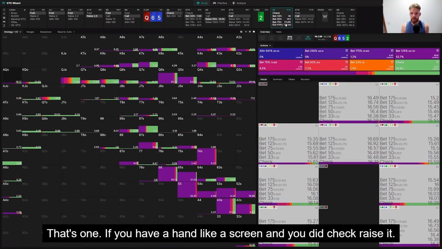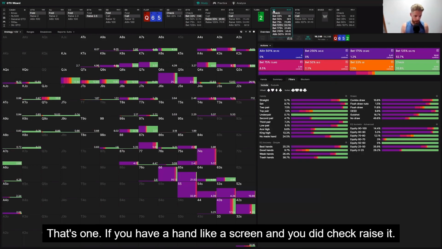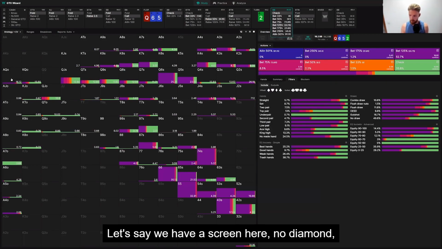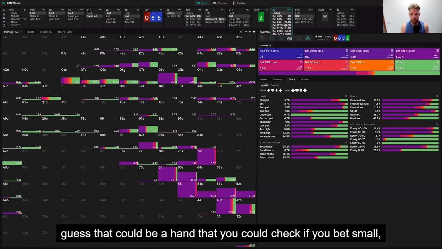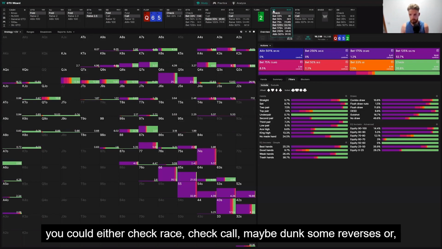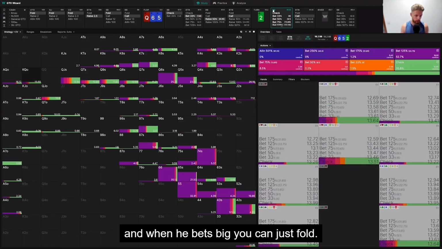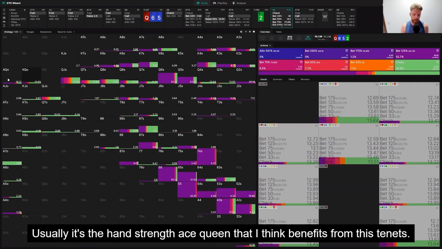That's one. If you have a hand like ace queen and you did check raise it, let's say we have ace queen here, no diamond. I guess that could be a hand that you could check. If you bet small, you could either check raise, check call, maybe donk some rivers, and when he bets big, you can just fold. Usually it's the hand strength ace queen that I think benefits from this tendency.